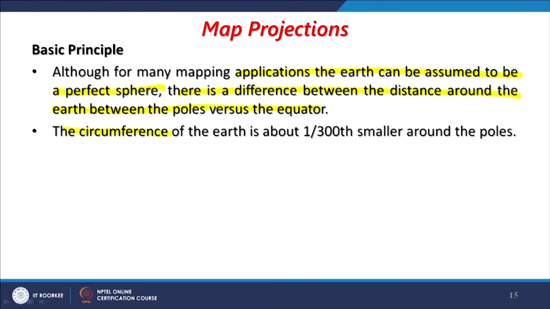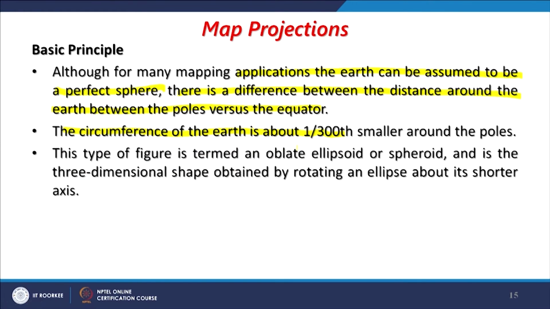The circumference of the earth is about 1/300th smaller around the poles, and this type of figure is termed an oblate ellipsoid or spheroid, a three-dimensional shape obtained by rotating an ellipse about its shorter axis.